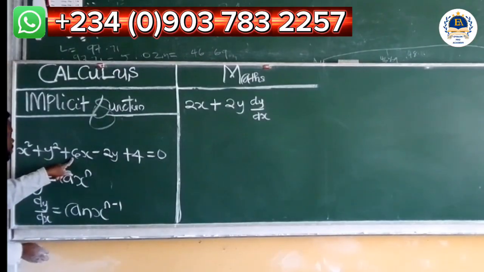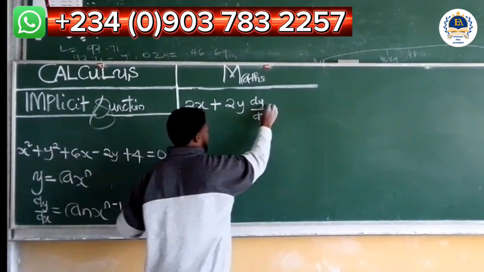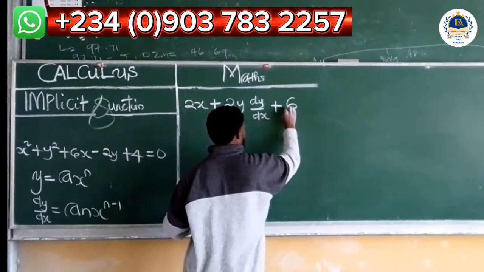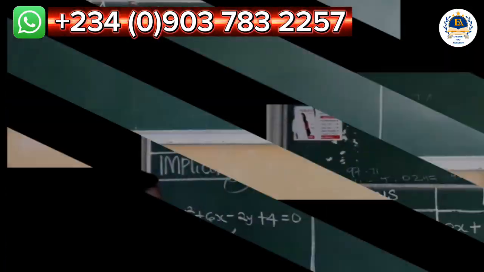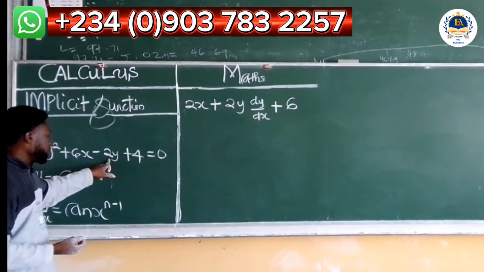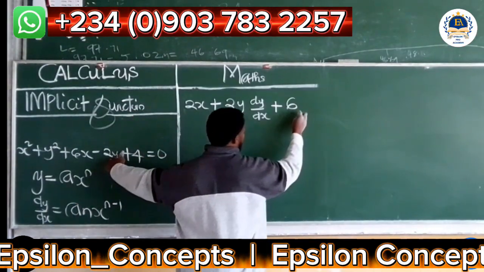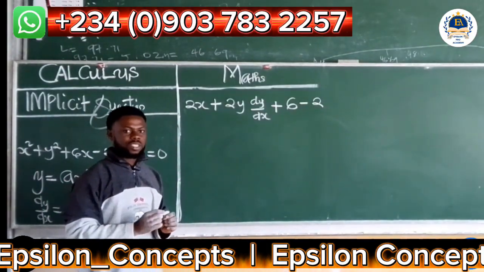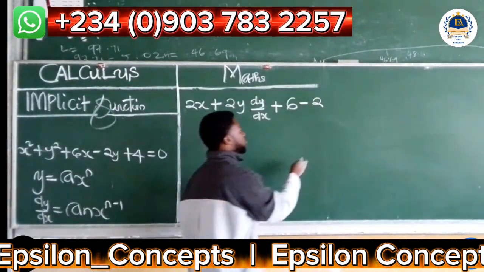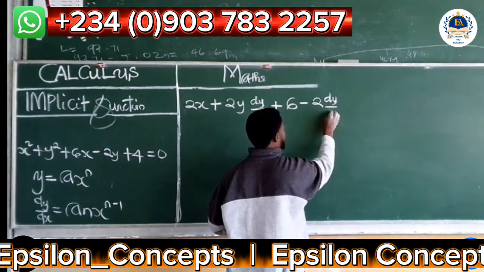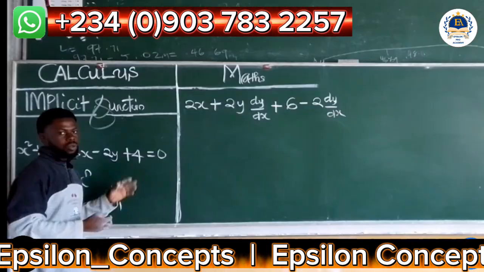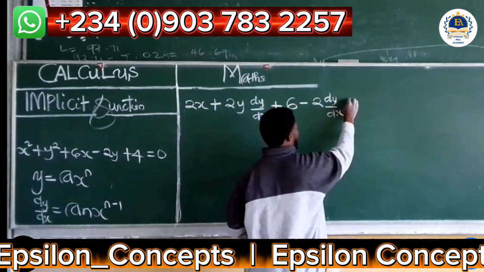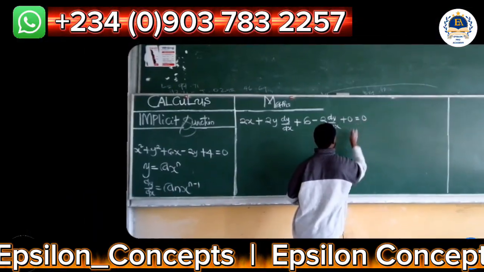Then over to the x term, plus, if you differentiate 6x, we have 6 using this formula. Again, minus 2y, if you differentiate 2y, it becomes minus 2. Now the concept is that when differentiating for y, we attach dy over dx to it. The derivation of a constant term is always equal to 0, so plus 0, this is equal to 0.